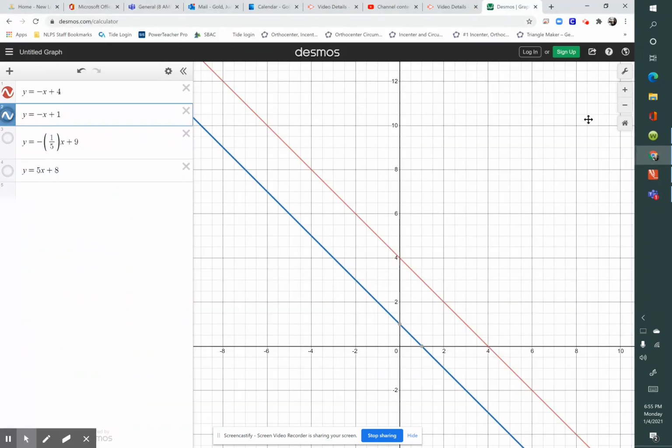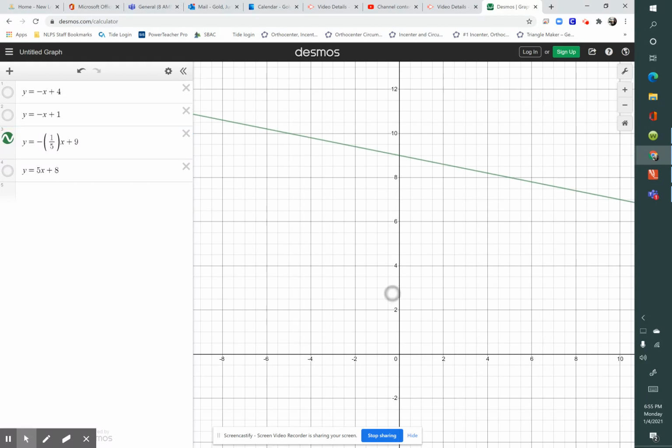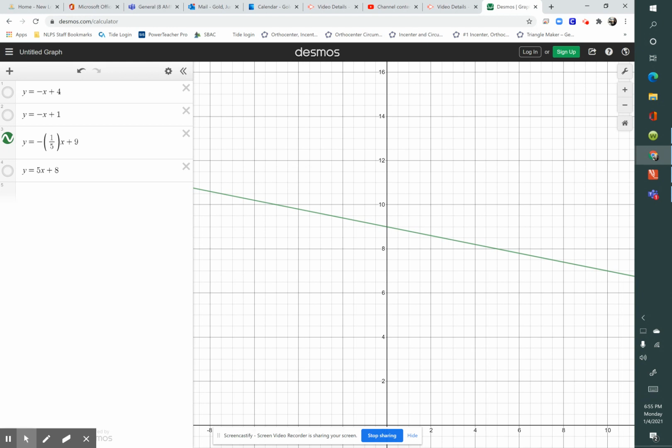I'm going to turn off the first two equations. And here's our given equation. Pull it down a little bit. Our given equation is y equals negative 1/5 x plus 9. Our perpendicular equation that we determined is y equals 5x plus 8.